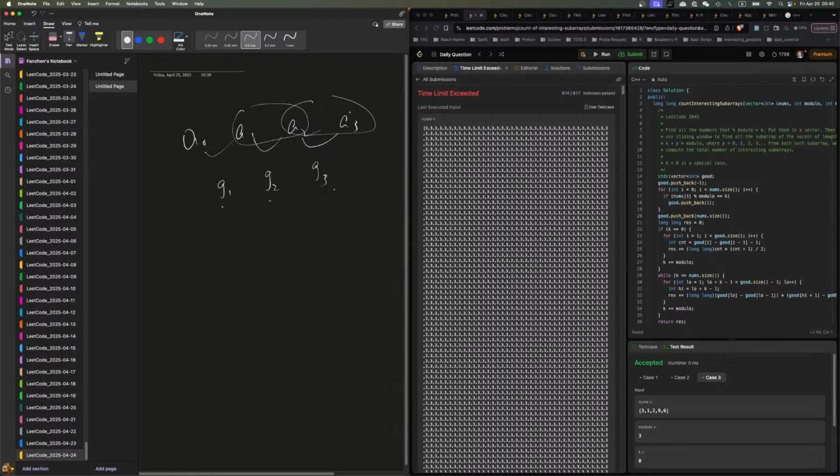Any patterning there? Well, the pattern is, if I pick this, and then next time I'll have the other one, so basically this is going to be G1 times G3, right?